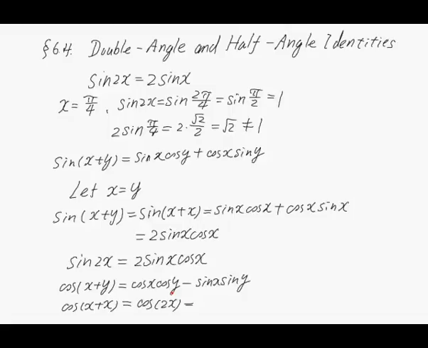This is cosine x times cosine x, so that is cosine squared x, and this is sine x times sine x, so you have sine squared x. And then from this identity, we can get a few forms of the double angle identity for cosine. Let's move to the next page.